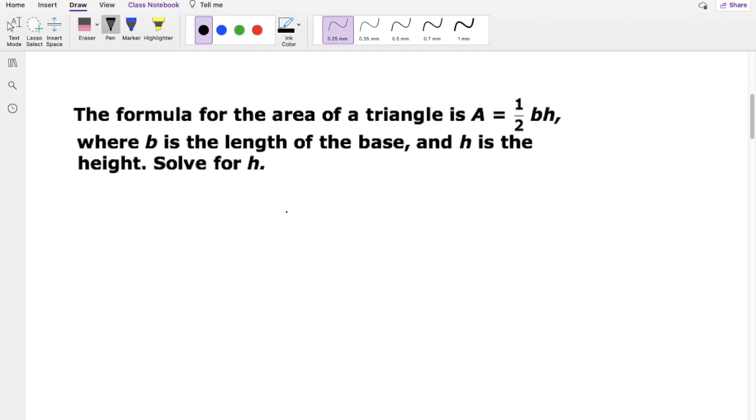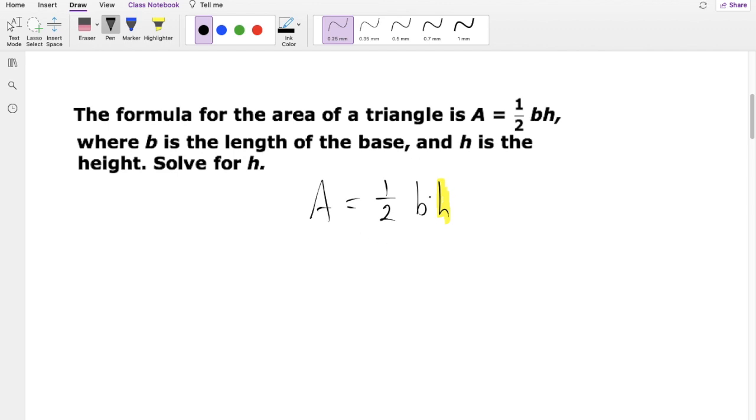So looking at this problem, we have a equals 1/2 base times height. I'm trying to isolate the height, so I'm trying to see what's being done to h. This is going to be the same process as if we're treating h like it was x and we're just trying to solve for x.